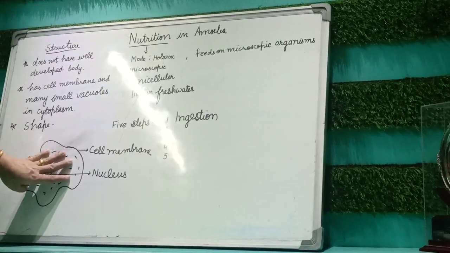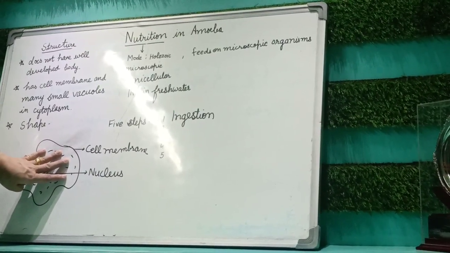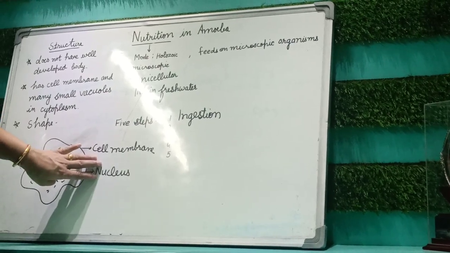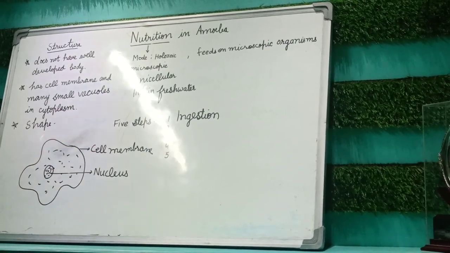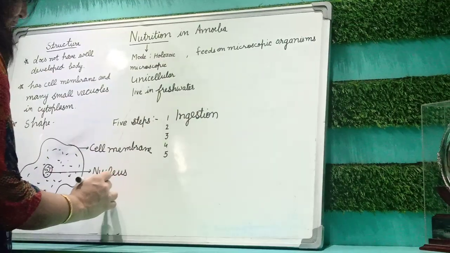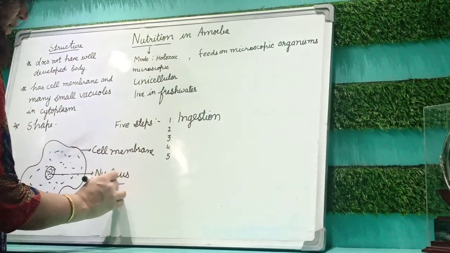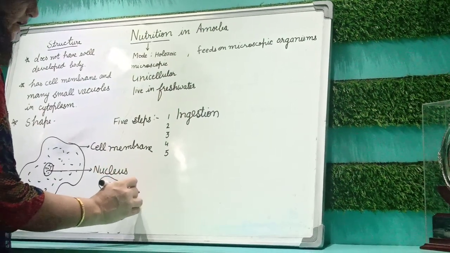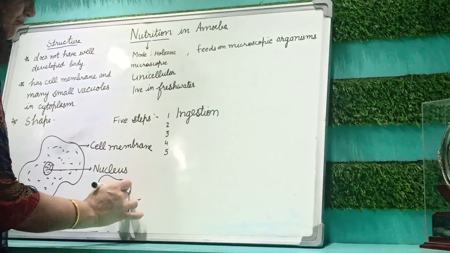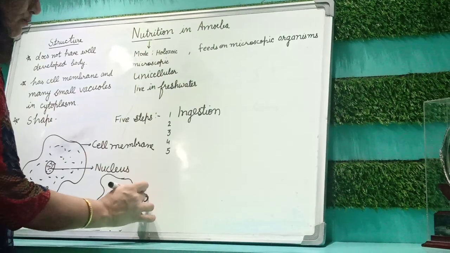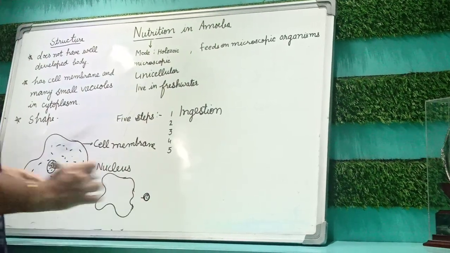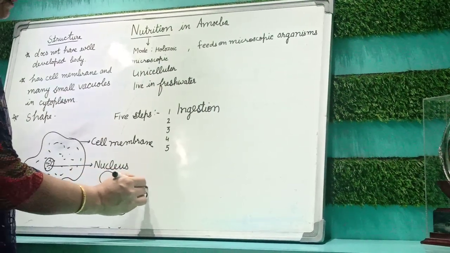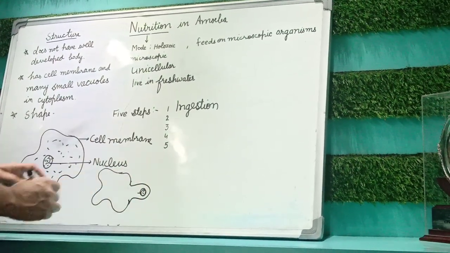And amoeba, as it does not have a particular organ, a mouth we can say, whenever it takes food, it extends its body. Here a food particle is there, and amoeba extends its body and engulfs the food.